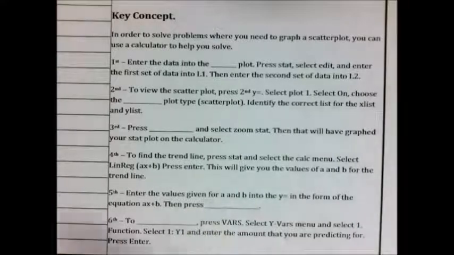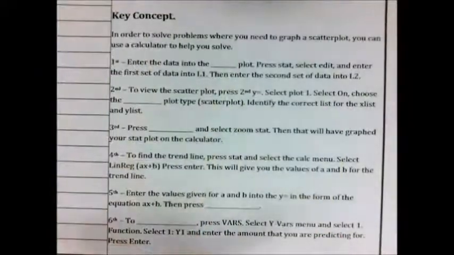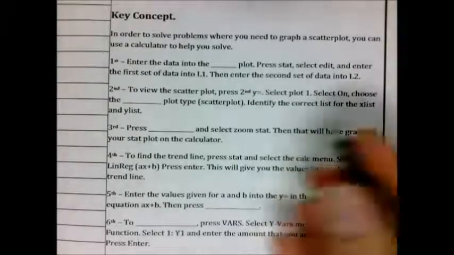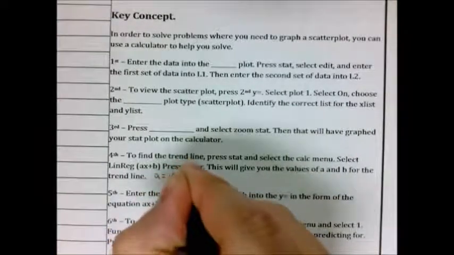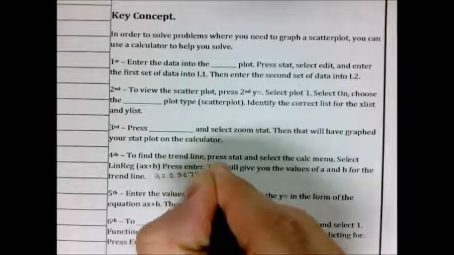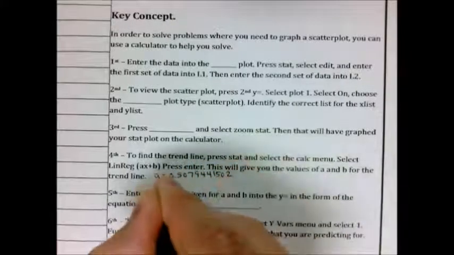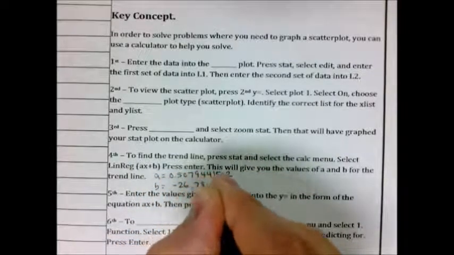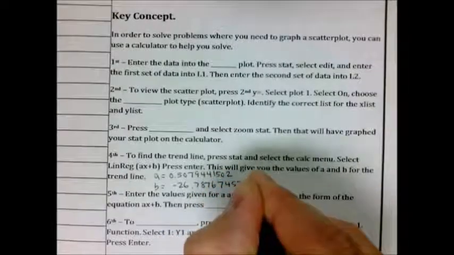Okay, so let's go ahead and I'm going to write those down real quick, so we don't forget them. A was equal to 0.5079441502, and B was equal to a negative 26.78767453.